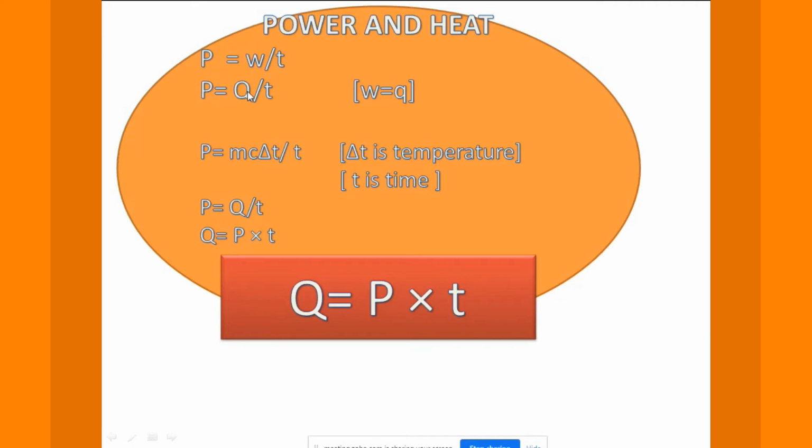Q is mc delta T, so P equals mc delta T by t. Here children, please look at this: delta T is the temperature change and this t is the time. So P equals mc delta T upon time. Okay, so P equals Q by t, or Q is equal to P into t. So this is one equation, Q equals P into t.